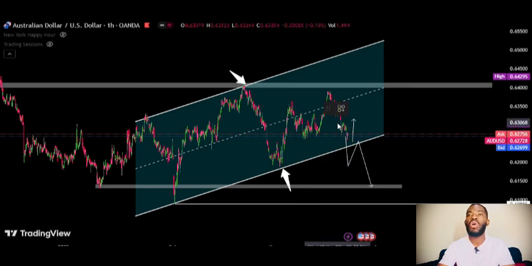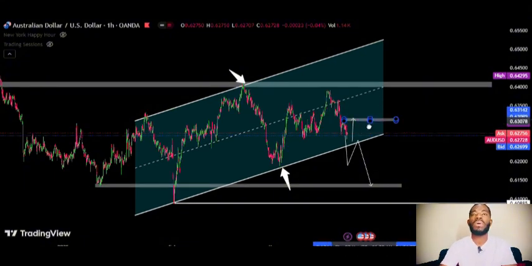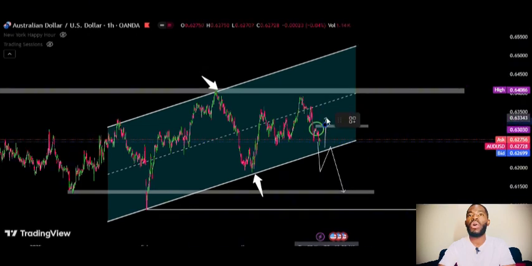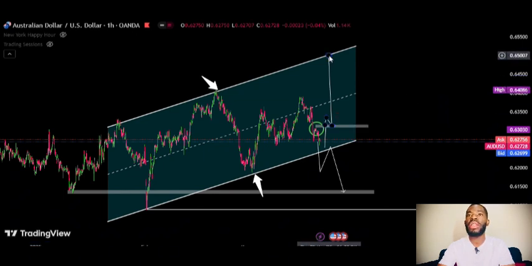You can actually go to your lower time frames and buy from this point to that point, or all the way to that point. That is also one possibility, guys. I'm just telling you that there are actually 3 ways of trading within this bearish flag chart pattern.